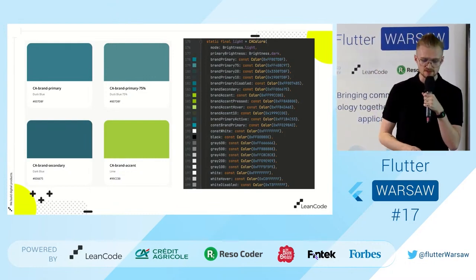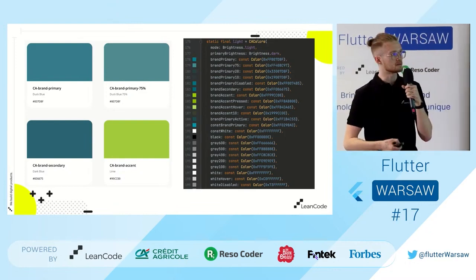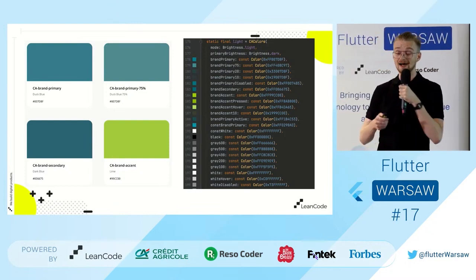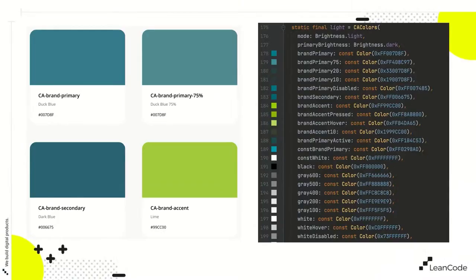But it also enables us to create other color themes, like the dark theme, and in our case, actually 4 color schemes. That's the light and the dark theme for the retail user, and also the same light and dark theme, but for the business context consumer.